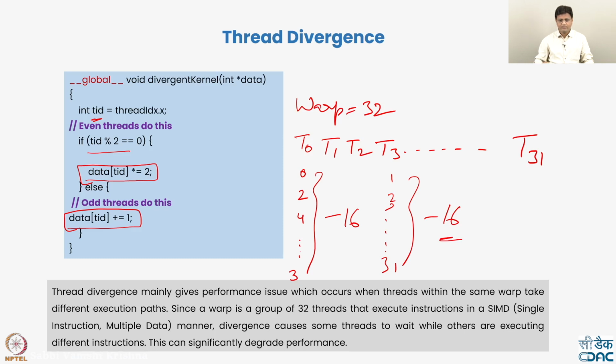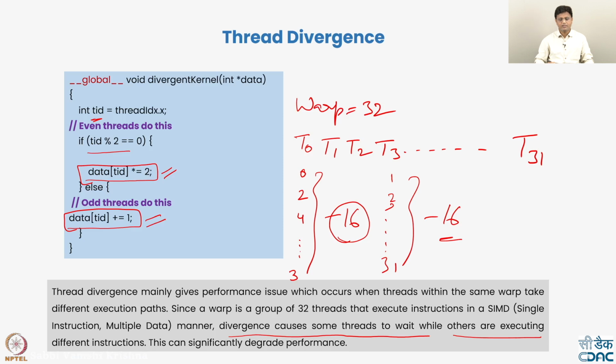Whenever such divergence occurs in a program, it impacts the performance of the underlying GPU. That means divergence causes more threads to wait while other threads are executing. When this operation is executed by 16 threads, the other 16 threads are waiting, and they will come into action to perform their operation once the previous one is completed.